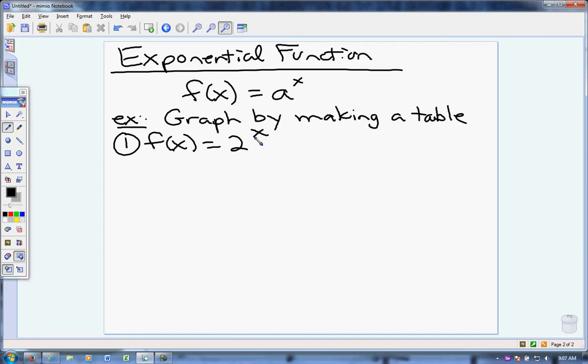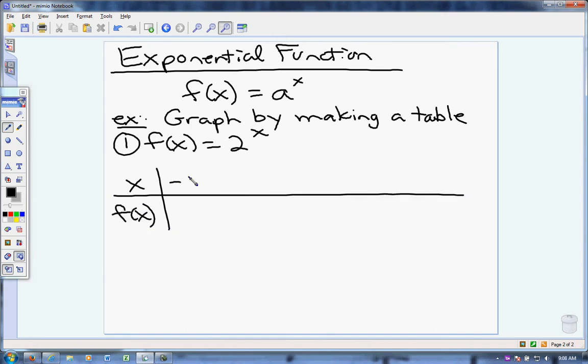They're going to give you, I think in your book, a table that looks something like this. I think they even give you the values that they want you to use. They give you a blank table and they want you to fill in the function values for those x values.